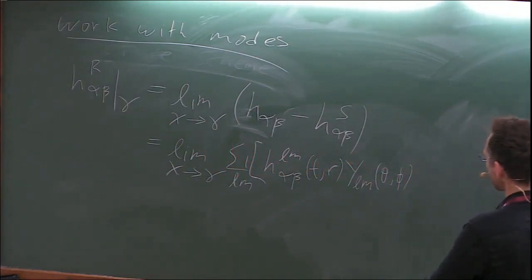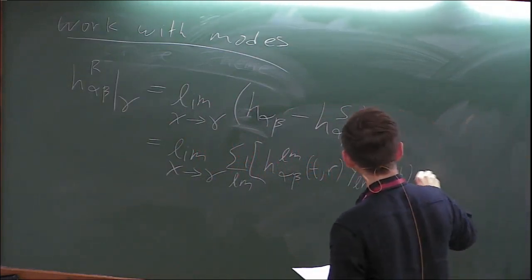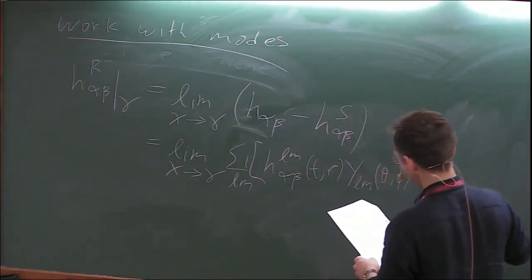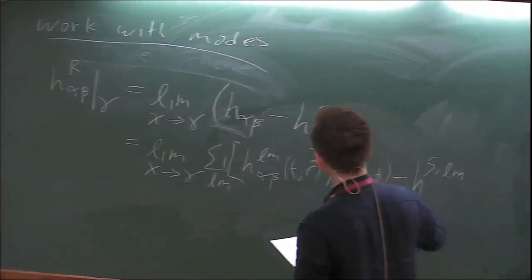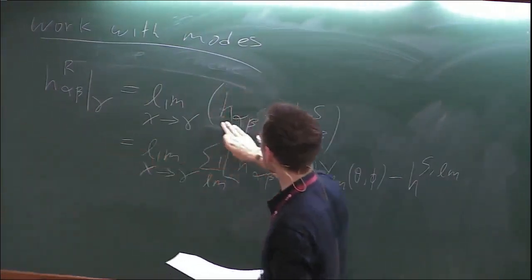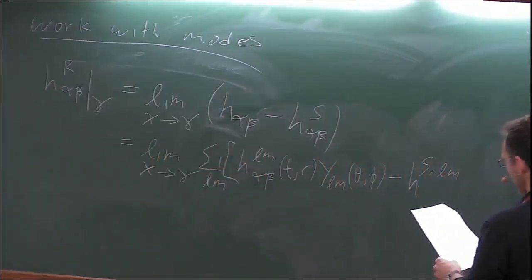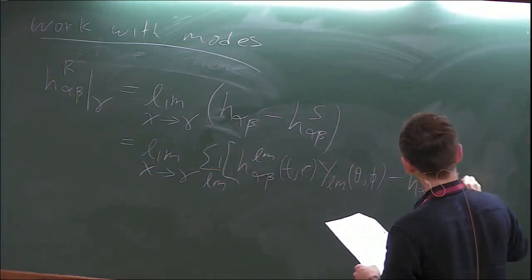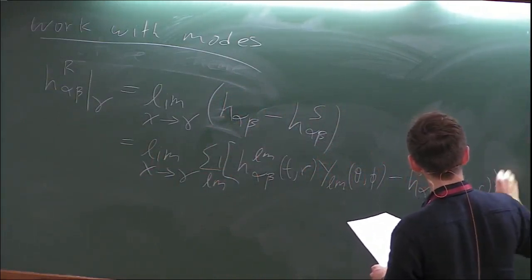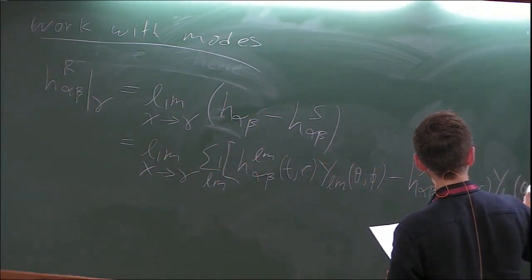So expand both of the fields in modes. And then we have the subtraction mode by mode. And this is just the first order field. This won't work for the second order field. h alpha beta (t, r, theta, phi) expanded in Y_lm.